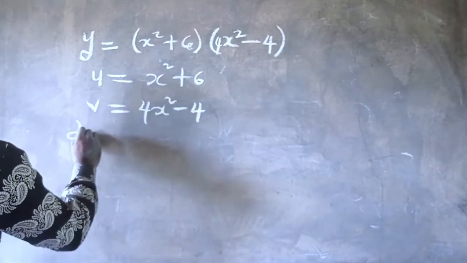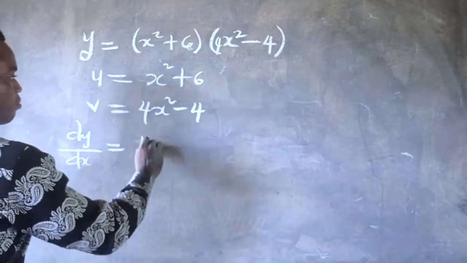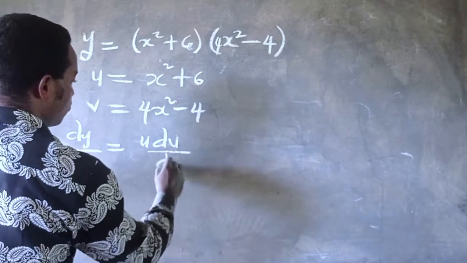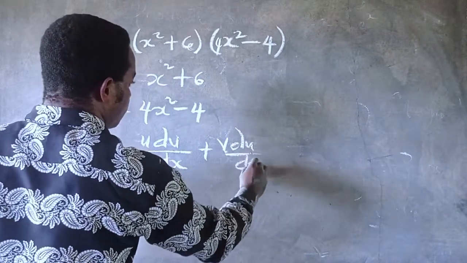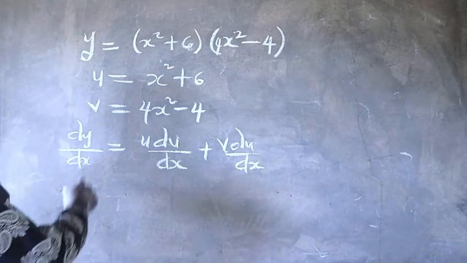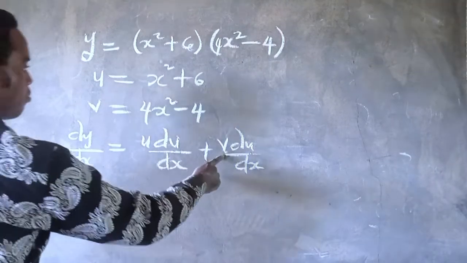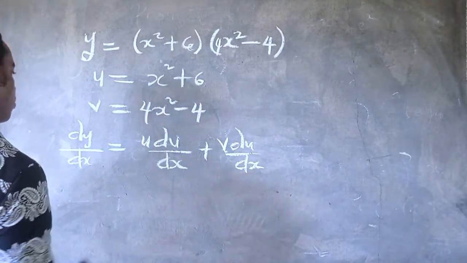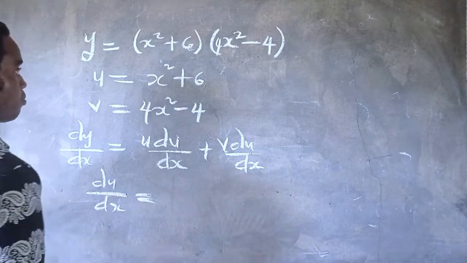Now, the expression for dy/dx, which is the differential of the function, is u dv/dx plus v du/dx. You will notice from this definition that we need to have u, which we have already. We need to have v, which we have already. We also need the differential of v, and the differential of u, which is du/dx.